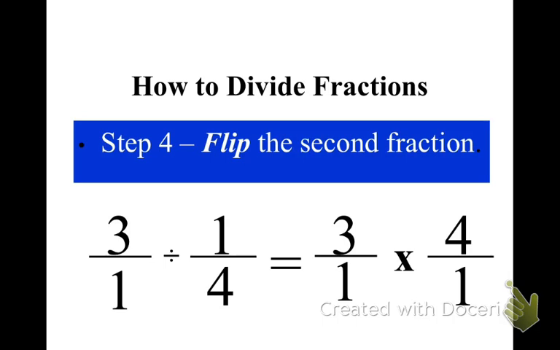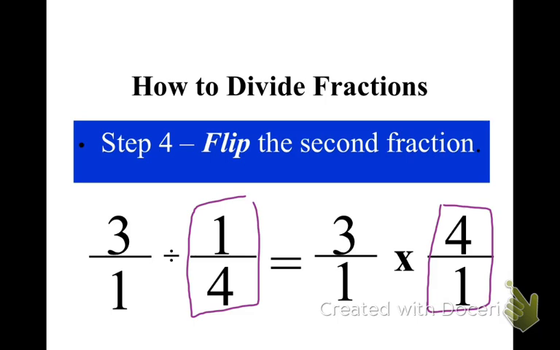If we look at this 1/4, okay, we know, hold on, let me get the pen working. We know that right here, 1/4 times 4 over 1 is equal to 1. So if you're ever having trouble finding the reciprocal of a number, know that every number times its reciprocal is equal to 1, because you would have 4 over 4, which equals 1.